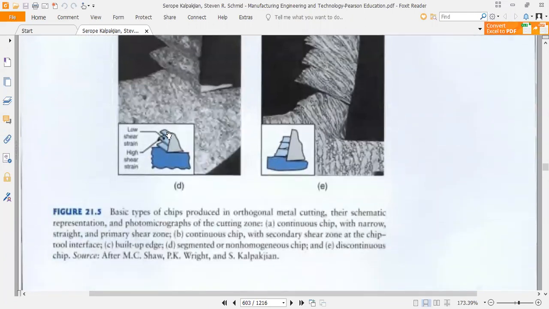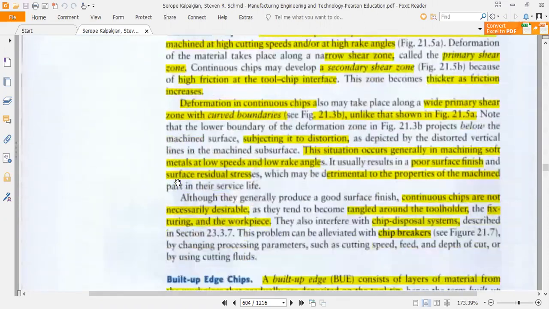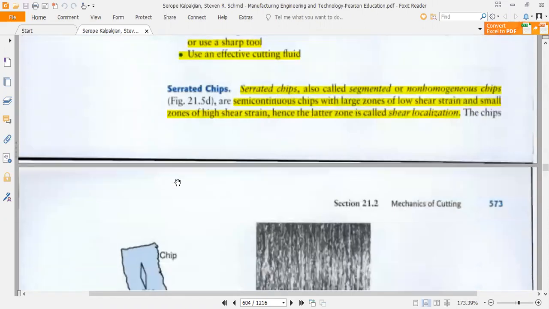There you can see that a very high shear strain zone occurs in a very small area. This high shear strain in this very minute area, just like stairs, is known as shear localization.